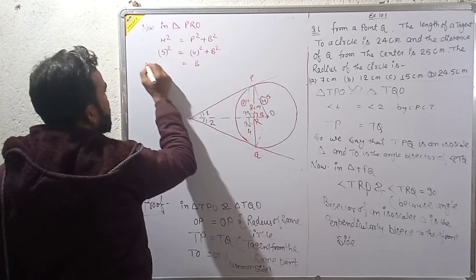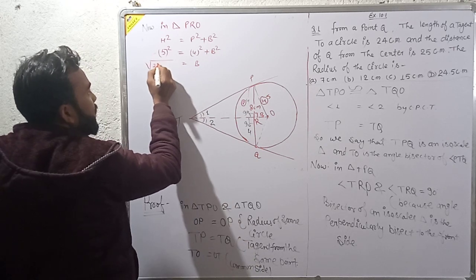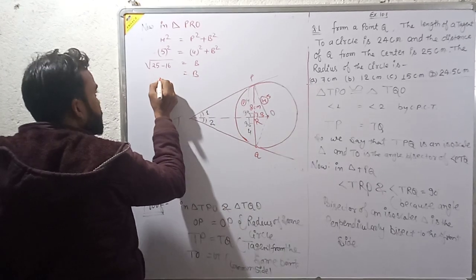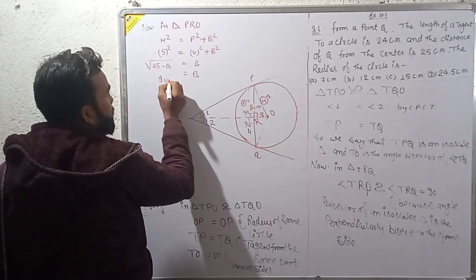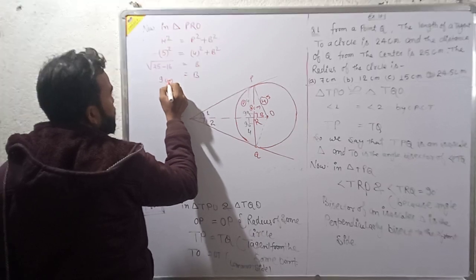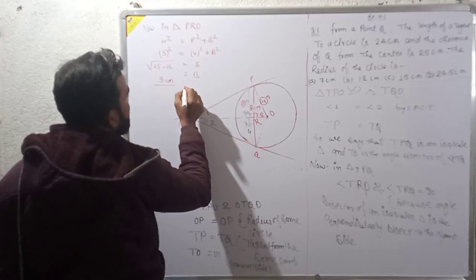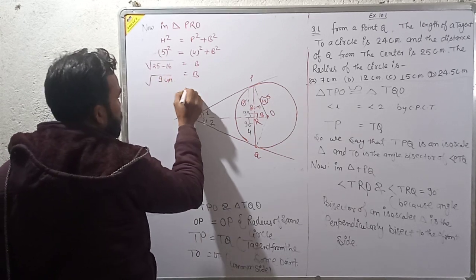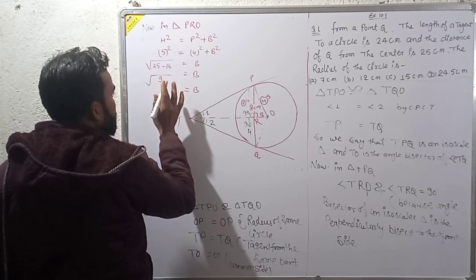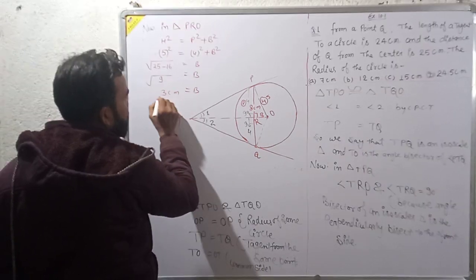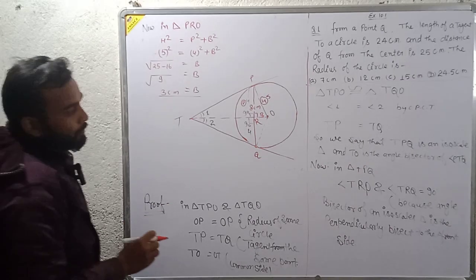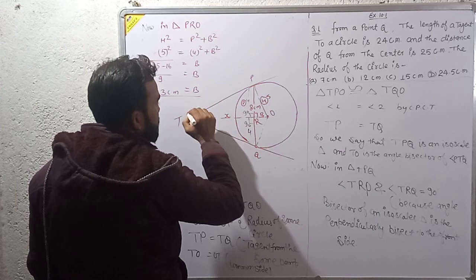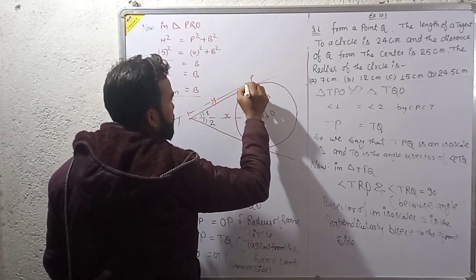So base is equal to root of 25 minus 16. So base is equal to root of 9, so base is equal to 3 centimeter. Clear? Let me suppose this is equal to x unit and this is equal to y unit.